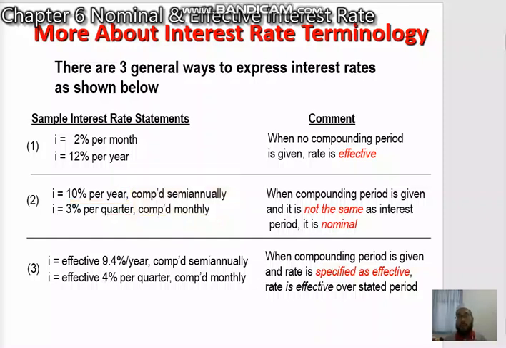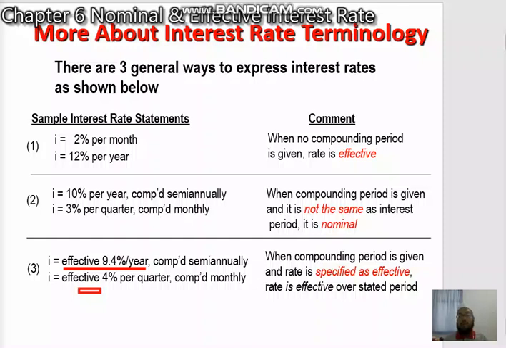And the last approach to write the interest statement is stated clearly with the effective interest rate value. Example, effective 9.4% per year, compounded semi-annually, or I given effective 4% per quarter, compounded monthly.